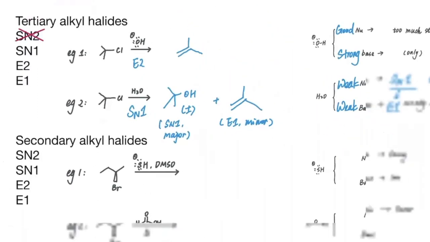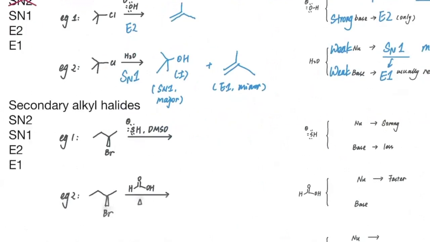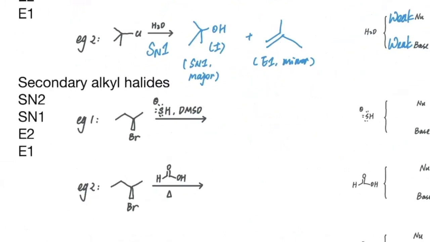Okay? So if it's secondary, all of those four would happen. All of those four would happen. So secondary would be the most difficult one to compare with, because all of them are possible.